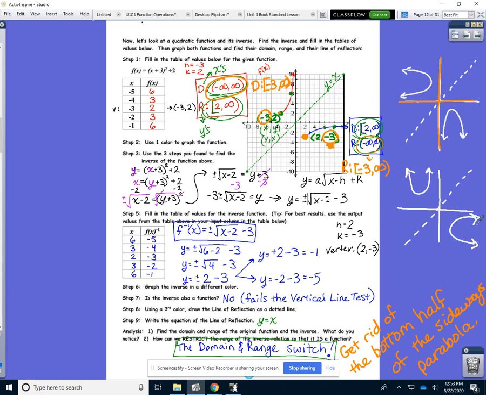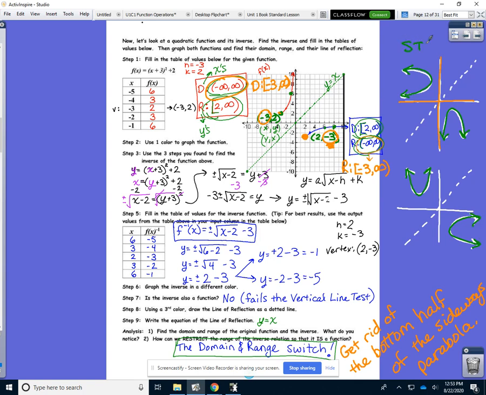Well, a typical question for students to ask is, what if we start out with a parabola that opens downward? So instead of a parabola that opens upward, what if it is opening downward? Well, then if it reflects over the line of reflection, you would have a sideways facing parabola that opens to the left. So this is true all the time.